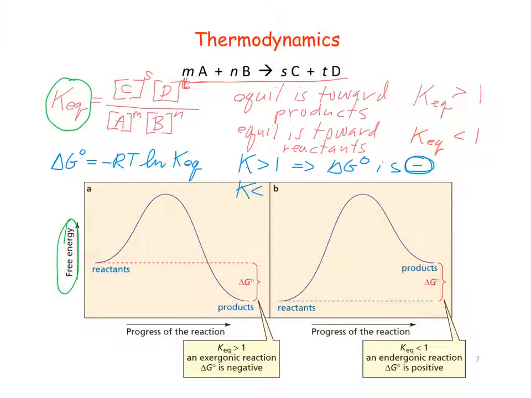If K is less than 1, then the delta G0 is going to be positive.